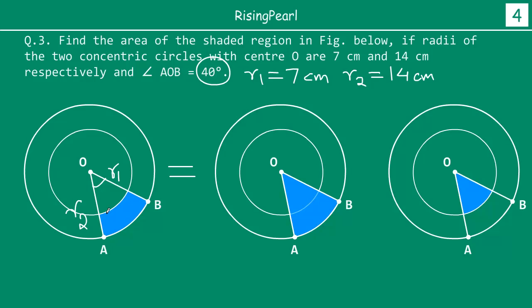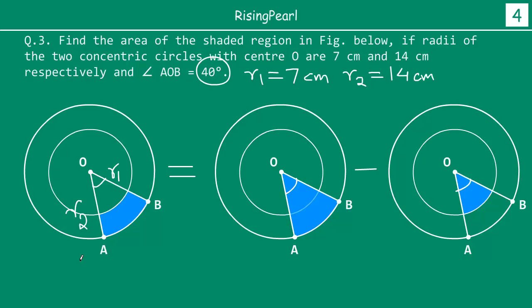So this required area highlighted in blue, we take the entire area of the sector of the larger circle, same angle, and we subtract the area of the sector of the smaller circle. If we subtract this out, we are left with this.